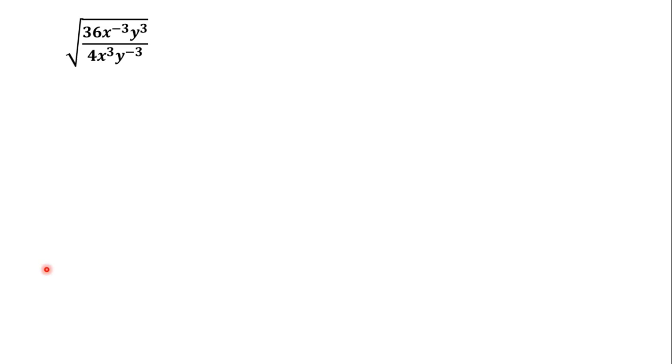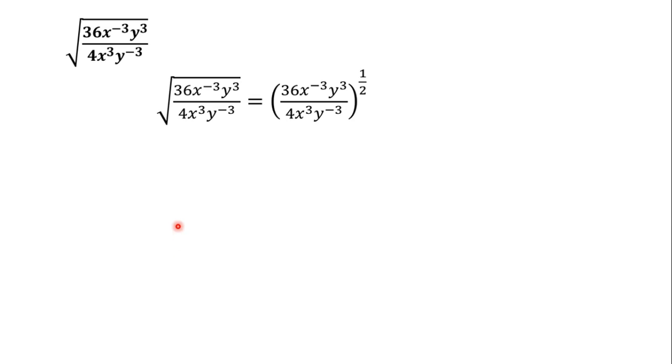We learned from the properties of indices that whenever you have a number or a term under a square root sign, it's equal to that number or term raised to the power half. So we can write what is under the square root sign here in a bracket, then we bring the exponent half on it, as you can see here.